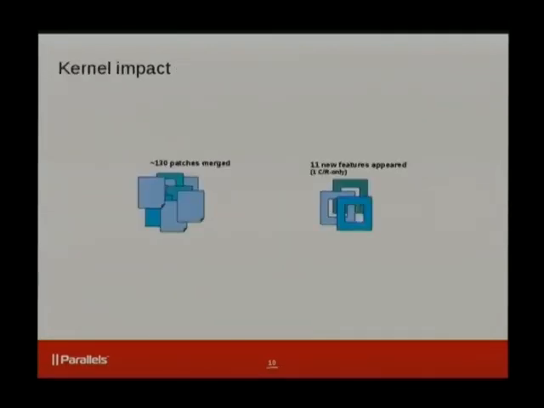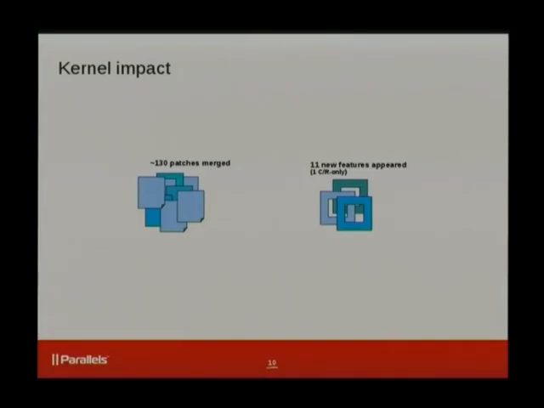So far, the kernel impact of the project looks like this. We have submitted, and this has been merged, 130 patches, something like this. Within these patches, the kernel gained 11 new features. I will shortly glance through them quite soon.